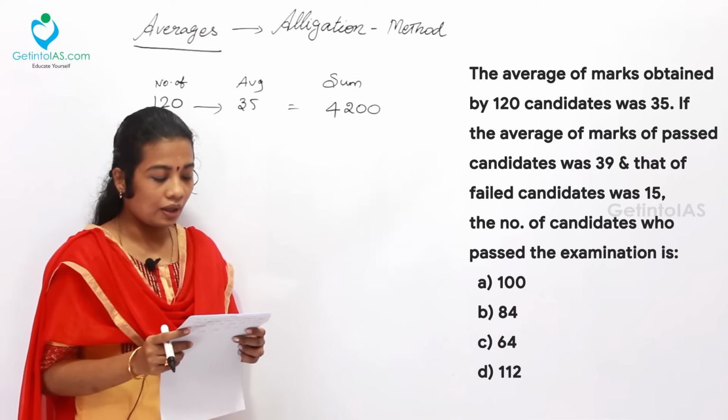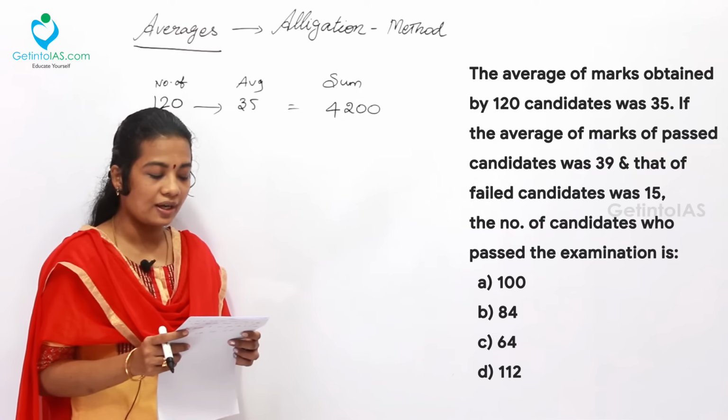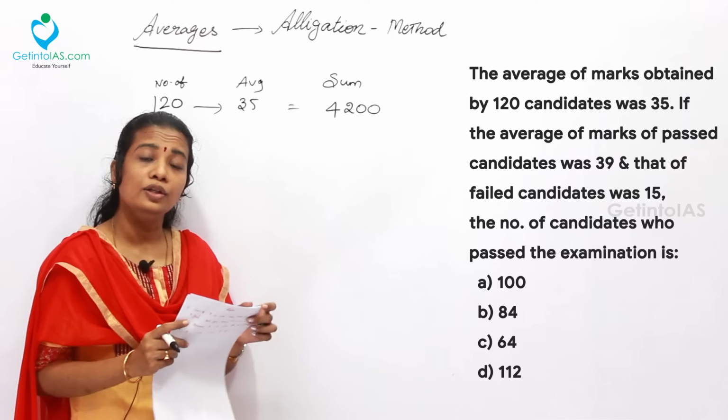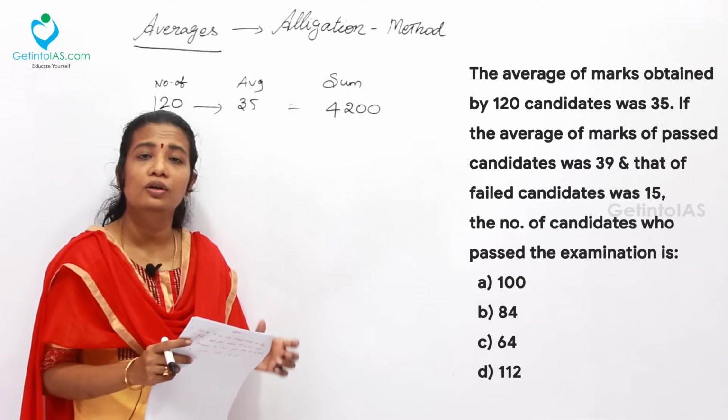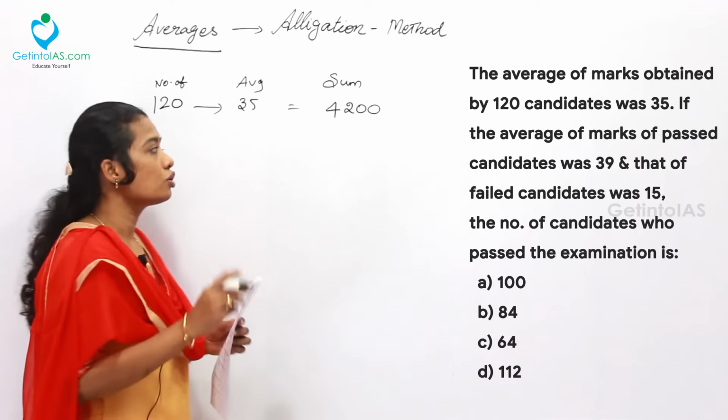Afterwards, it is given average of marks of passed candidates was 39, and the number of passed and number of failed are not even given in the question. So what we can do is, out of 120 candidates in total, you can split this 120 into two broad categories. One is passed, another one is failed.